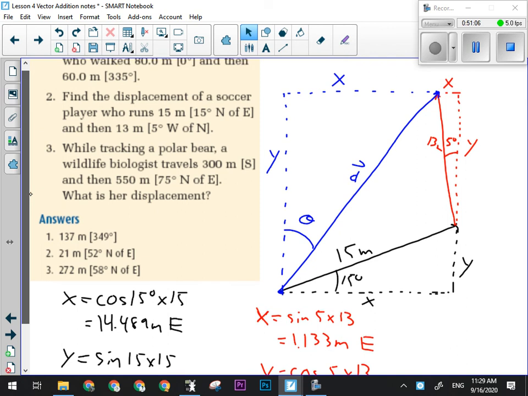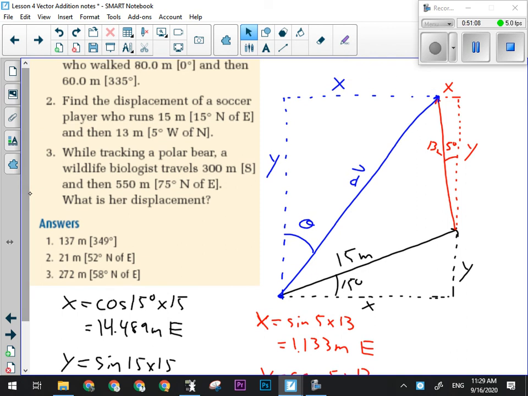Now, my x's don't go the same direction. My first x goes east, my second x goes west, so one of them has to be negative. Knowing that, I'm going to take my 14.489 and subtract from that, or add as a negative, 1.133.